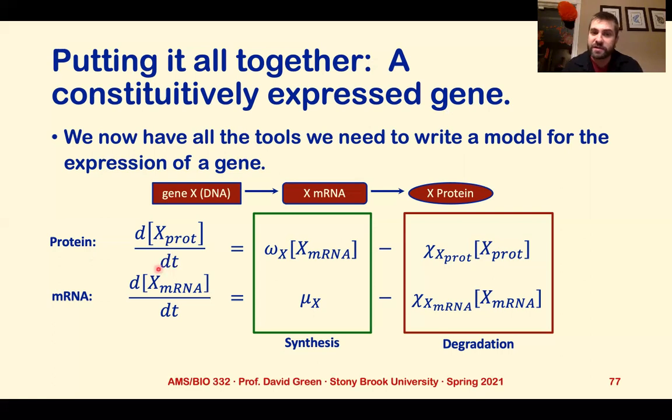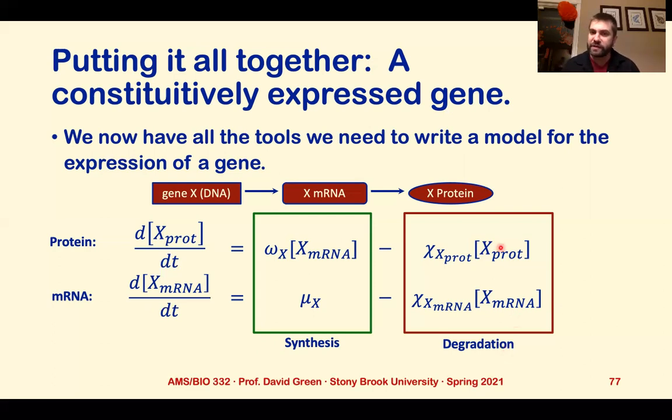Both of our terms are going to have a positive term for synthesis and a negative term for degradation. The degradation term is going to be linear in the same species. And so for protein, the degradation term depends on the protein concentration. For RNA, the degradation term depends on the RNA concentration.